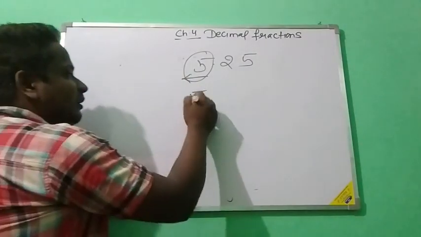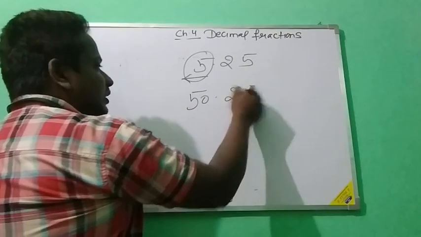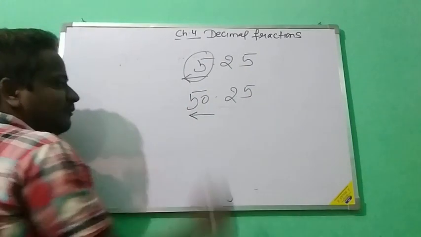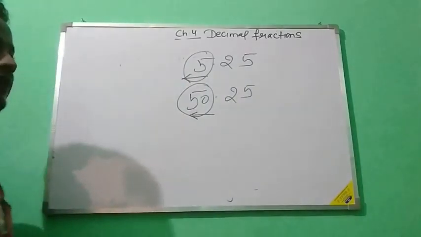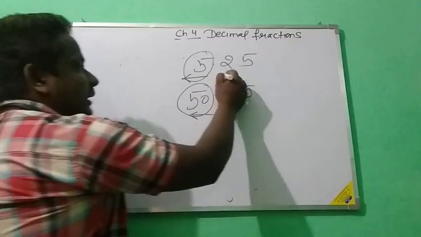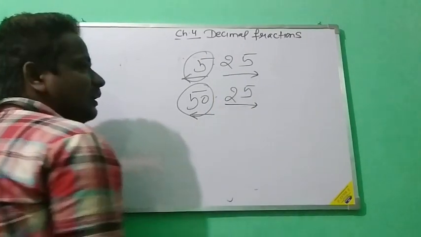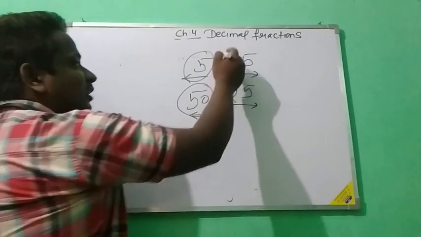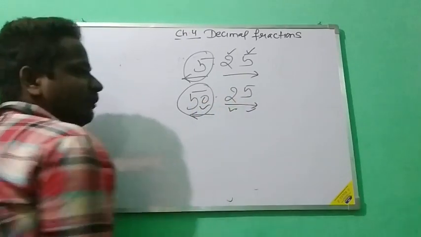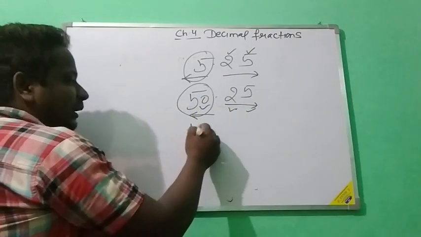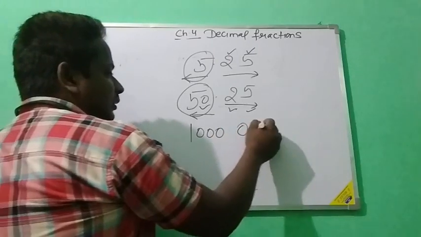Suppose the number is 50.25. I will read the number on the left side of the decimal as a whole, as 50, and the numbers to the right side of the decimal singly, one by one, like 5.25, 50.25.